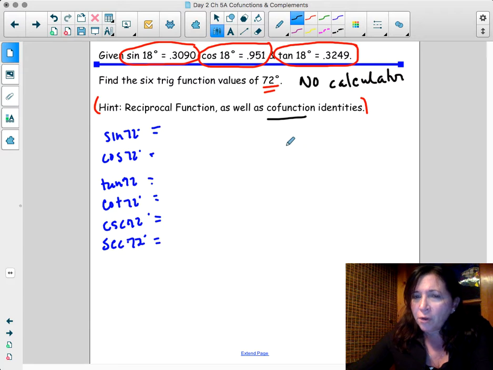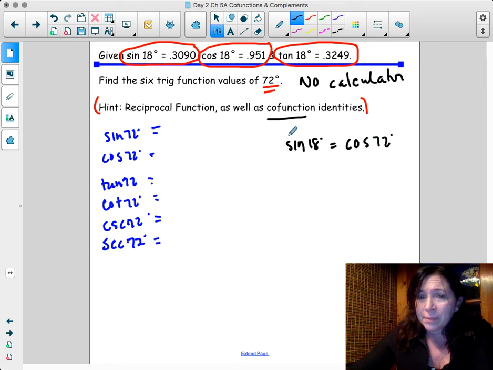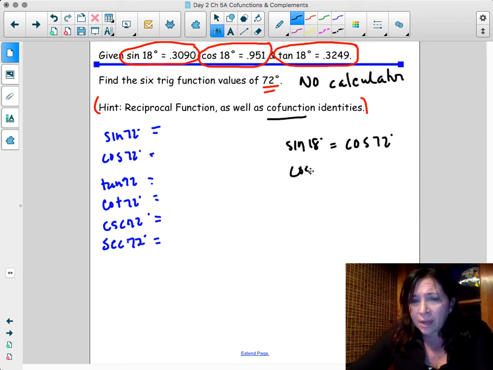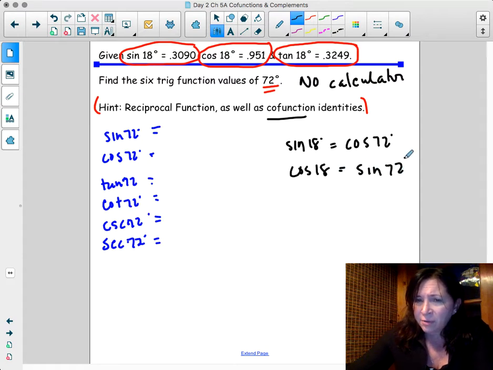Well, remember your cofunction identities. You know that sine of 18 degrees is equal to cosine of 72. You also know that cosine of 18 degrees is equal to sine of 72 degrees. And lastly, tangent of 18 degrees is equal to cotangent of 72 degrees.